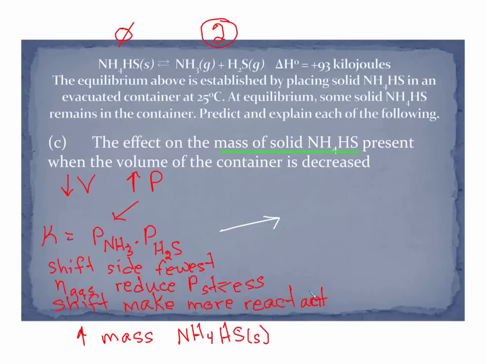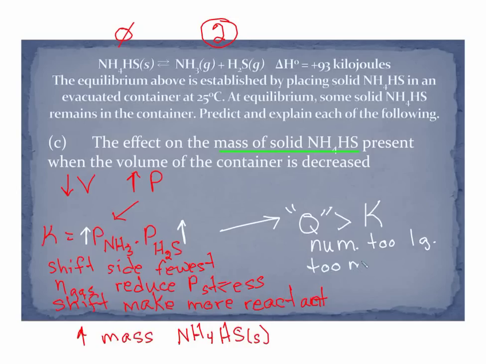Now, let's look at a Q way of looking at this. If we increase both partial pressures, we're no longer at equilibrium. We're at a non-equilibrium Q state. And that Q is, in fact, greater than K. When Q is greater than K, that means my numerator is too large.